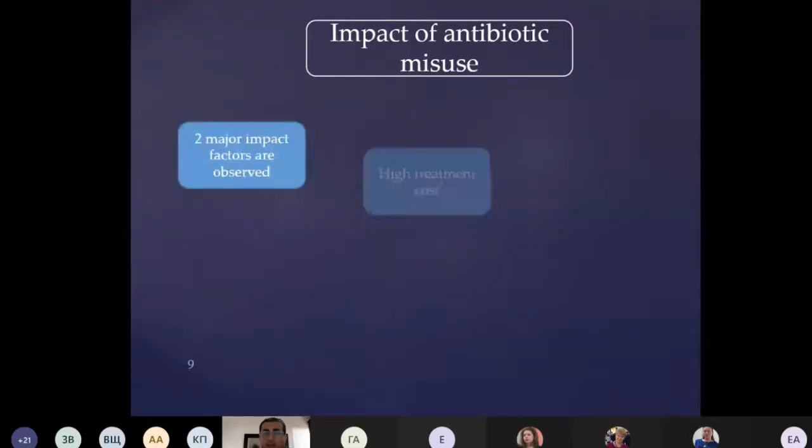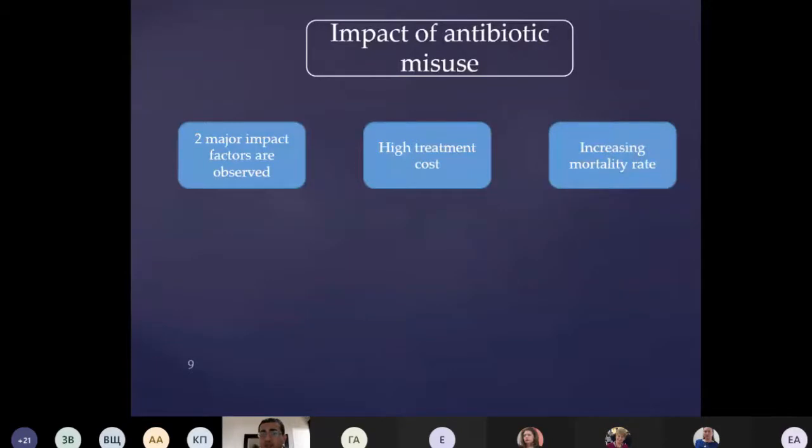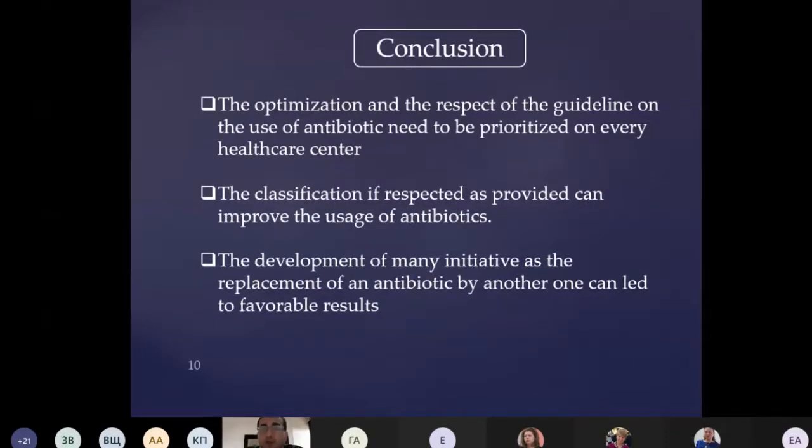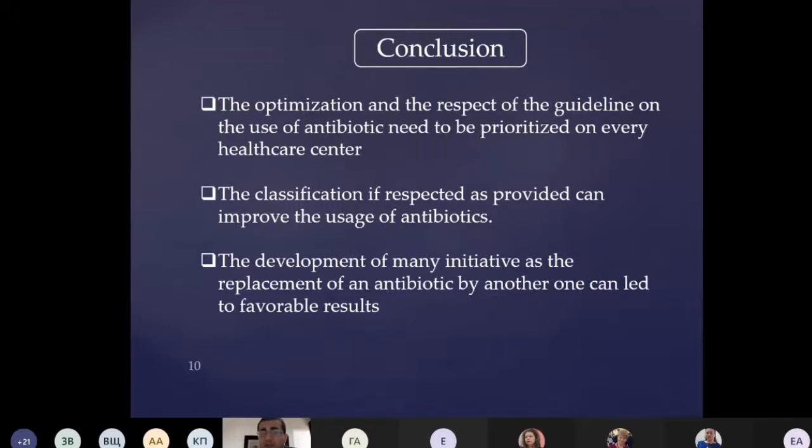As for the impact of antibiotic misusage, we have two major factors: the high treatment cost sometimes and the increase in mortality rate. So I was very happy to be with you, and in conclusion, the optimization and respect of guidelines internationally and the usage of antibiotics needs to be a priority in every healthcare center and every specialized hospital.